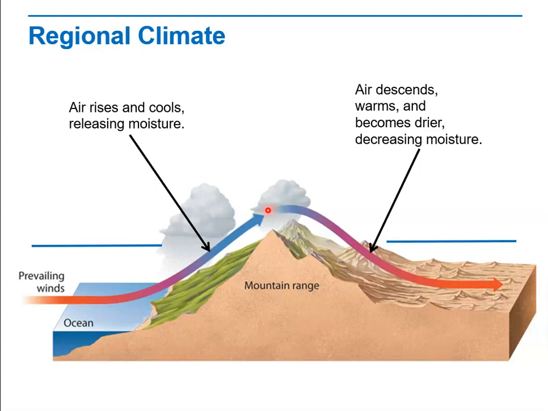The clouds drop rain or snow mainly on the side of the mountain that faces the winds, as we see in the diagram. The resulting climate is cool, not bitterly cold, but it's cool, and it's very wet. There's a lot of rain, and there's snow up in the mountains.